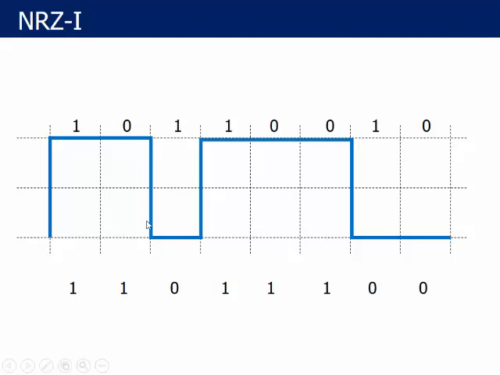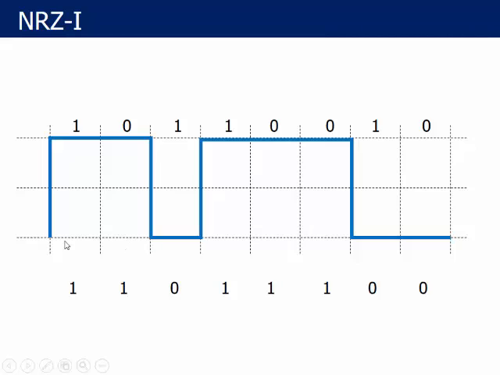The first bit is a high value, and the next one, because there should be a transition, goes from high value to low value, right? So it drops. Then there is another transition, from low value to high value. And there is a 0, so it stays the same, and then a 1, another transition, right?